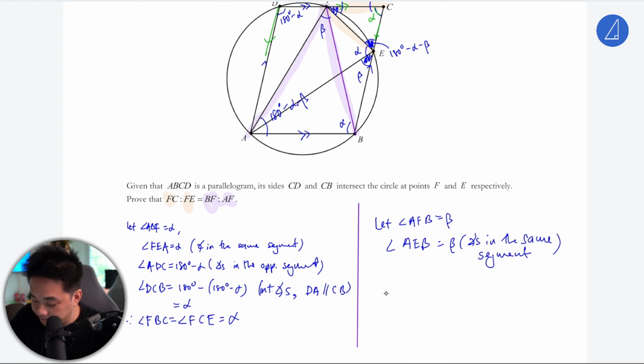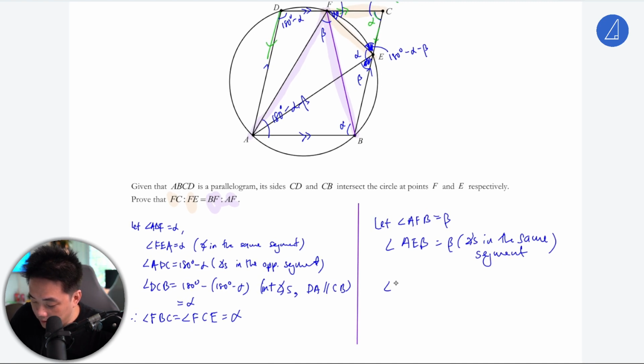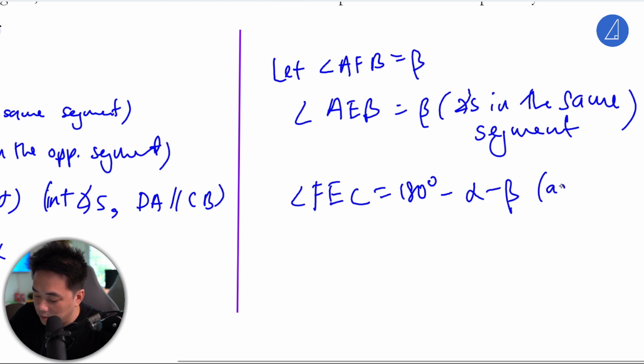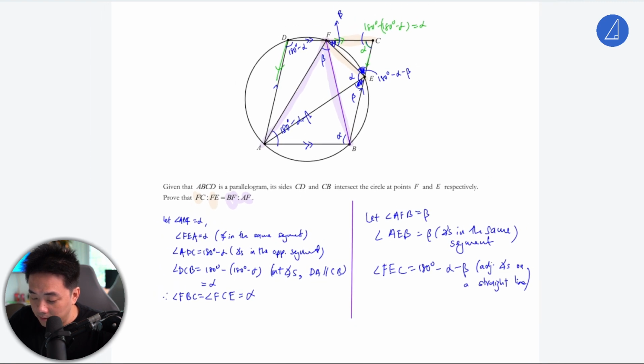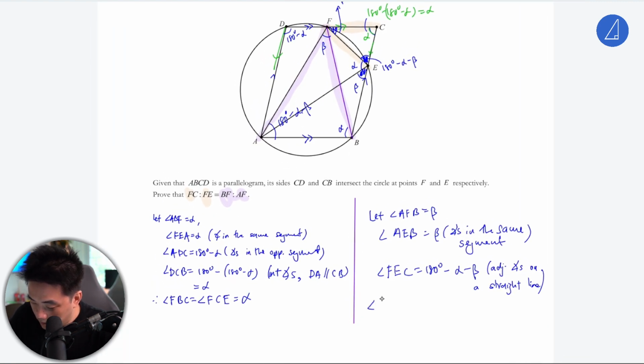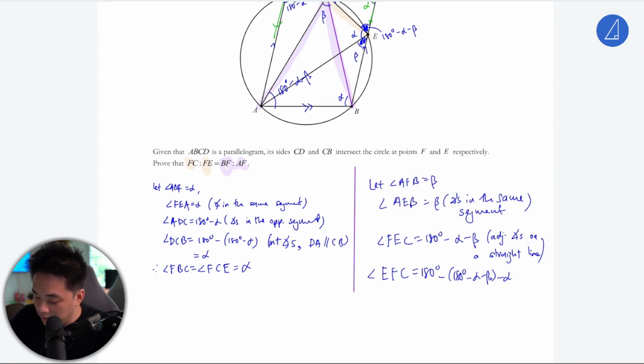After which, angle FEA plus FEC is equal to 180, it's just an angle on a straight line. Then we can write angle EFC equals 180 minus alpha minus beta, this is the angle sum of a triangle.